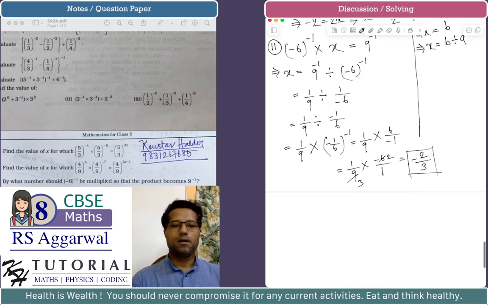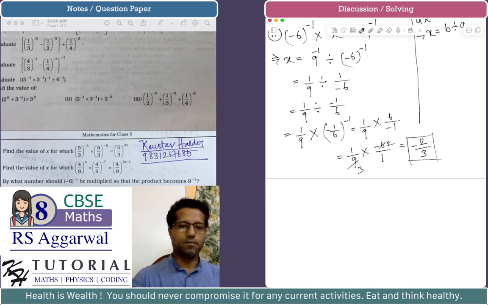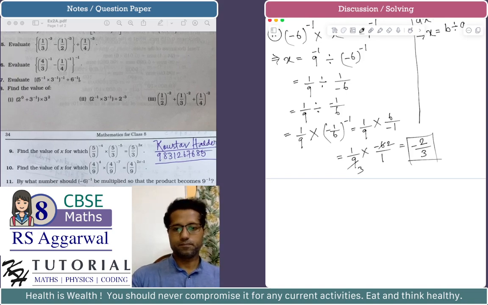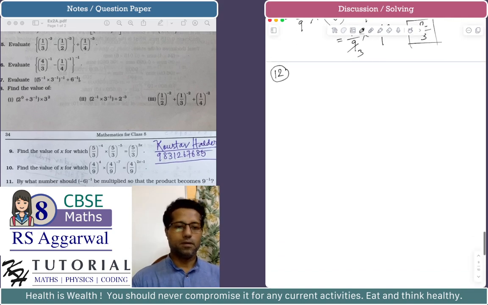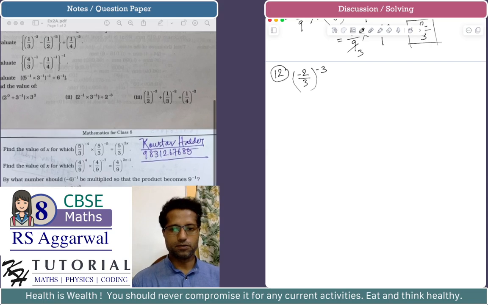Okay, let's do problem number 12. By what number should (-2/3)^(-3) be divided so that the quotient may be (4/27)^(-2)?